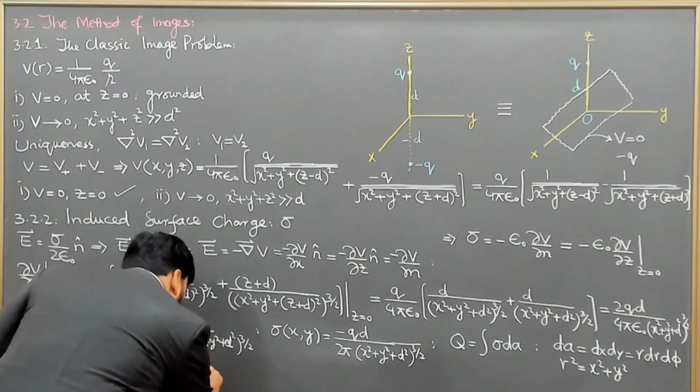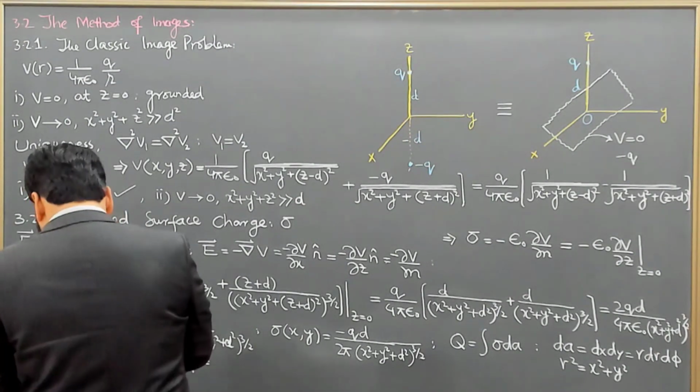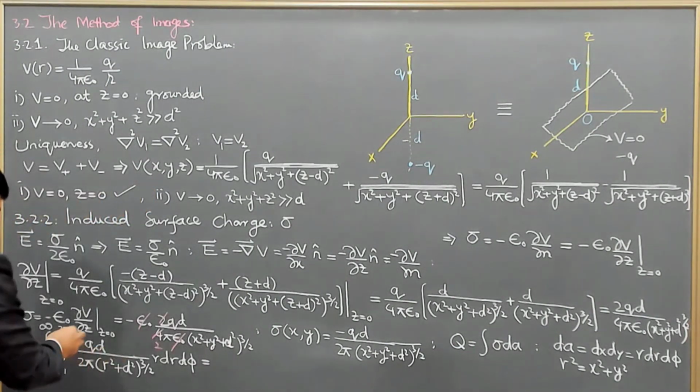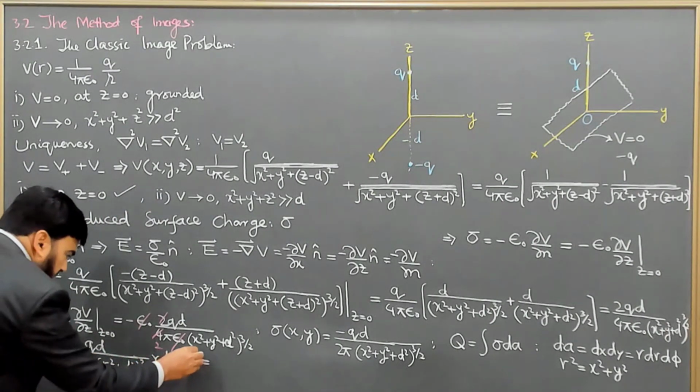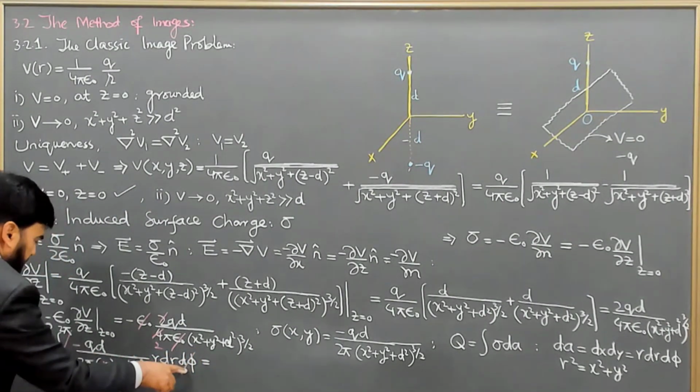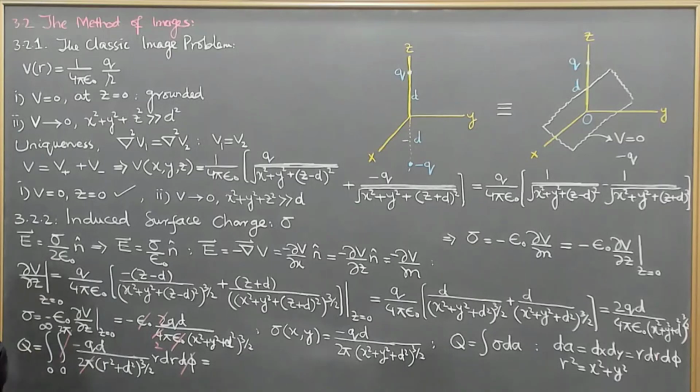Let me do this so that the confusion is not that much. Let me simplify this one. When this 2 pi integrates with d phi, it will give us 2 pi, and the 2 pi will cancel with this one.